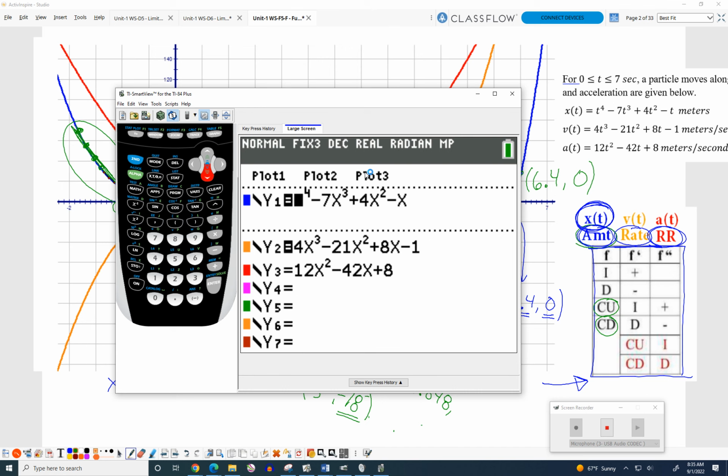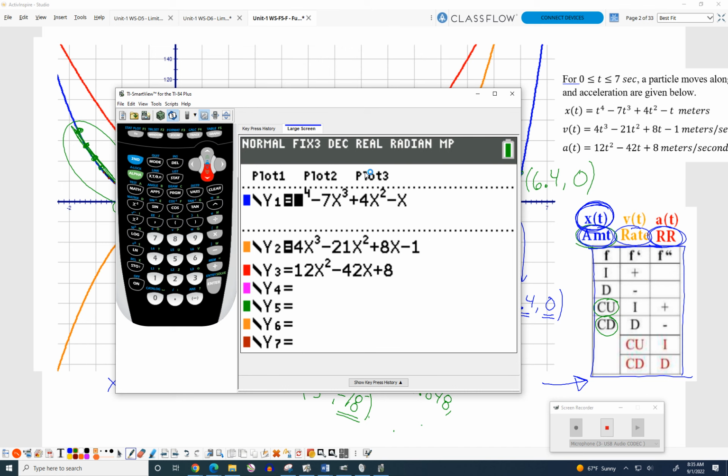Okay, let's start working our way through the packet. So we got the calculator working. You turn to the packet. The first item says that we're supposed to plot the position and velocity from time 0 to 0.3. So I go back to my calculator and hit y equal, and I turn off the acceleration plot.